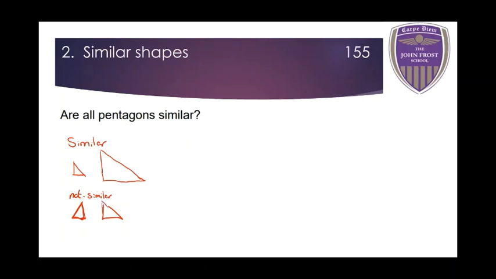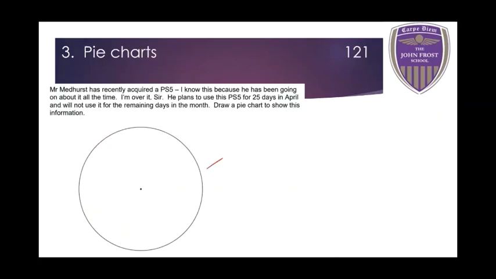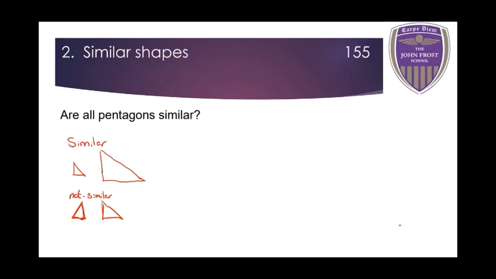Therefore, if we're being asked if all pentagons are similar, we can start off with a regular pentagon here. If all pentagons were similar, there should be no way to draw a pentagon other than this one. But as we can probably realize, we can draw lots of different styles of pentagons. We can draw pentagons that look like houses, and slightly weirder ones like this.